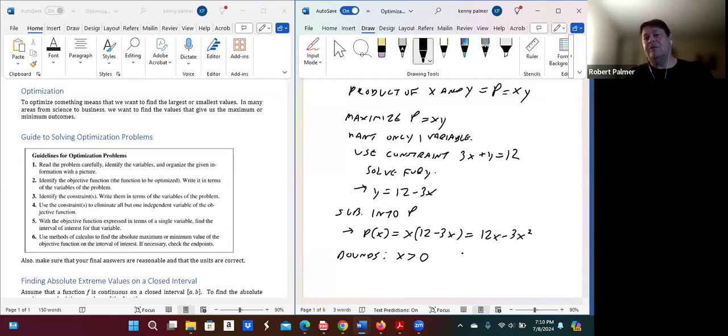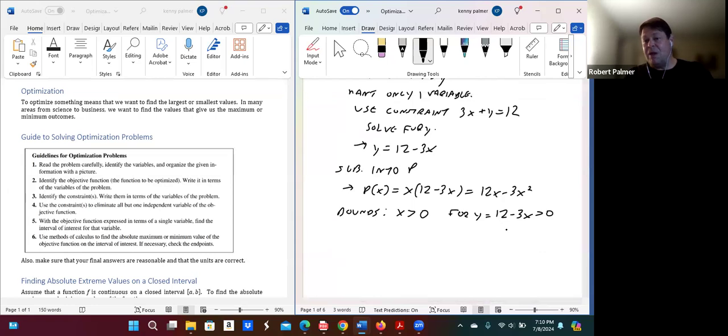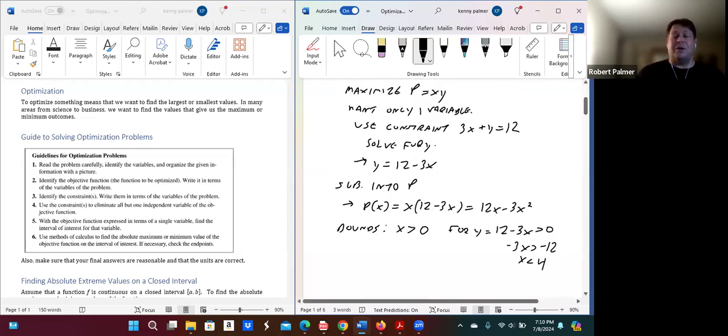Well, y is 12 minus 3x, and that also has to be greater than 0. So we just solve this inequality. We have negative 3x is greater than negative 12, and then x is less than 4. So those are our bounds. x has got to be greater than 0 and less than 4. So we have to look for values within that range.